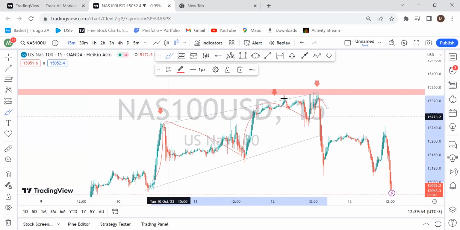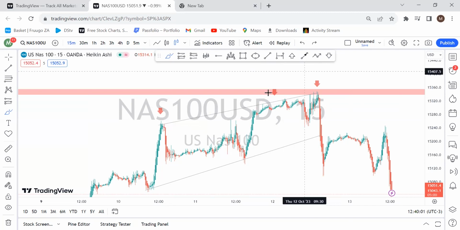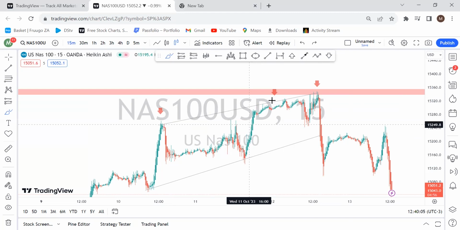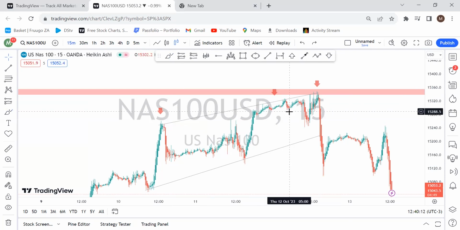So first peak, second peak, third peak. So that is why I don't count these as individual touches. I just consider it as one, so it shouldn't confuse me, because the key is to keep things simple.